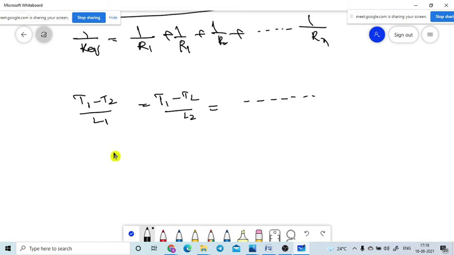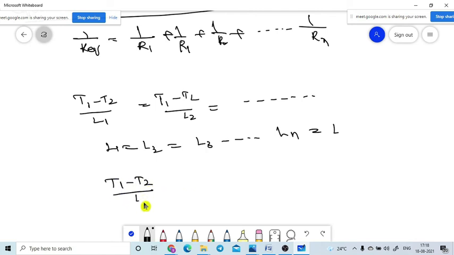But for simplicity we take L1 equal to L2 equal to L3 and so on up to Ln. Taking L itself, the temperature difference over L must be constant. It is nothing but the temperature gradient.